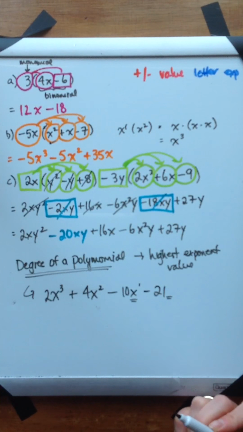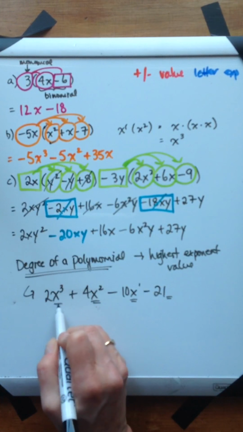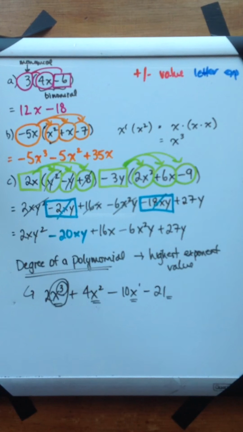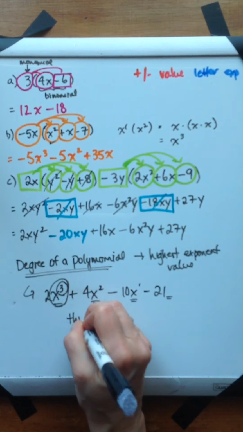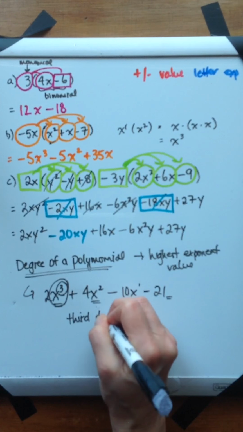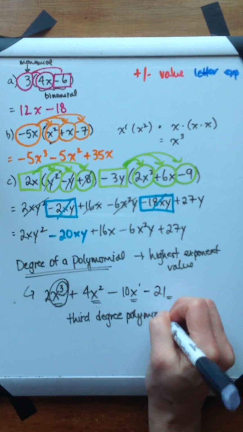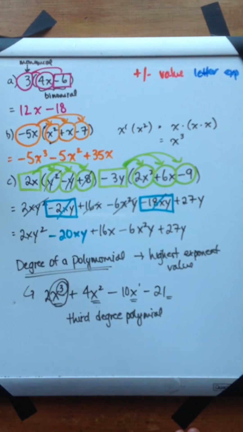This is x to the first, this is x to the second, this is x to the third. This one has the highest exponent, and so therefore we would say that this is a third degree polynomial. Okay? All right. I'll meet you in the next lesson for the second half of your handout.